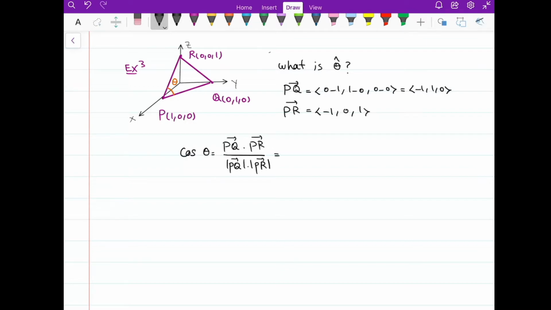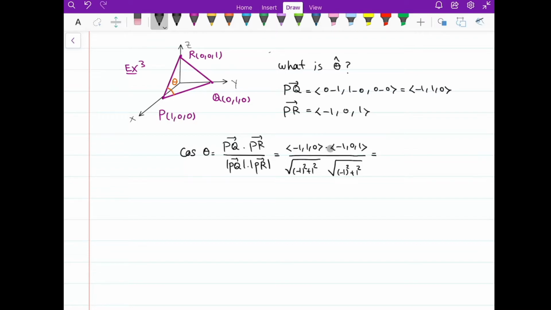So I get -1, 1, 0, dot product with -1, 0, 1, and then over the length of this vector, which is the square root of -1 squared plus 1 squared plus 0 squared, and then the square root of negative 1 squared plus 0 squared plus 1 squared.